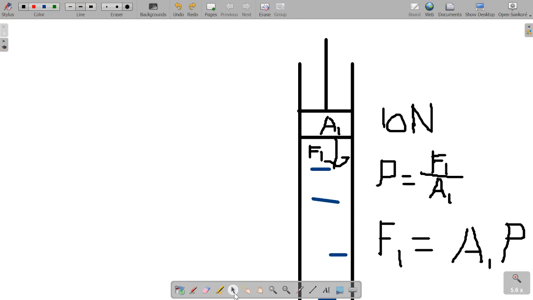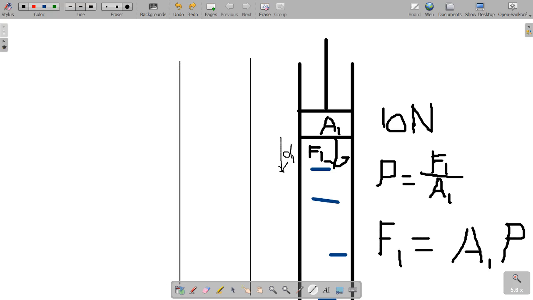Let's say you push the piston down by a distance of d1. After a while, the fluid will be at this level.